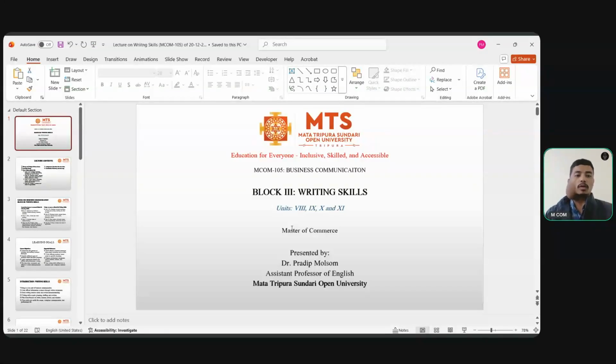You will also learn about different types of business letters, official documents, and job-related writing such as resumes and application letters. Writing is not about simply using complicated words, but it is all about clarity, correctness, and purpose. By the end of this block, you should feel confident in writing professional documents.